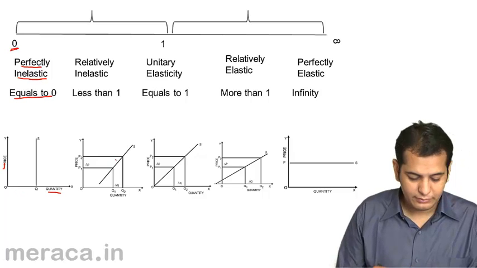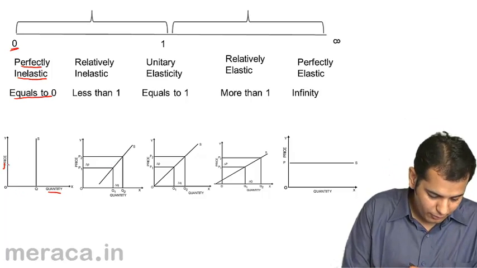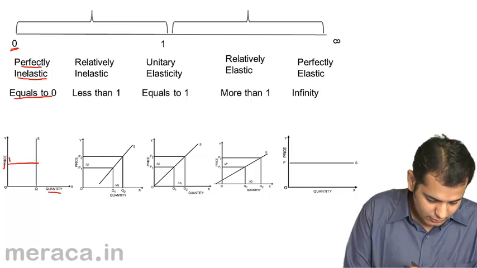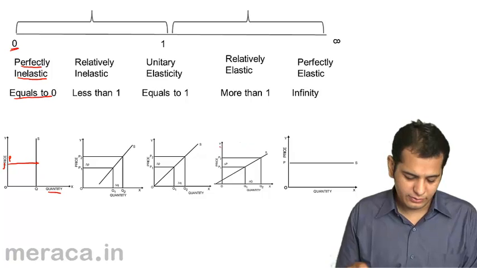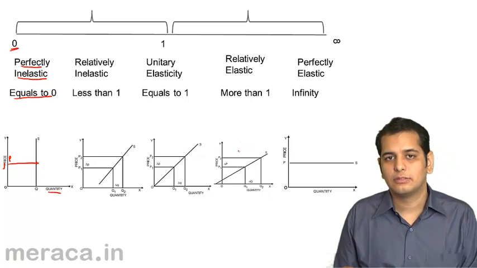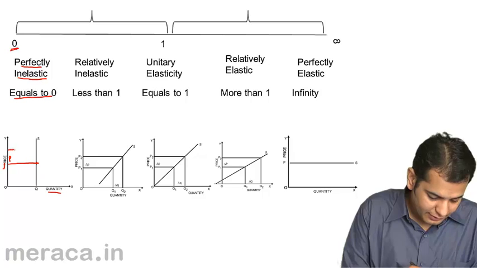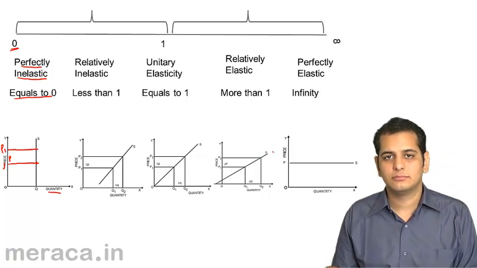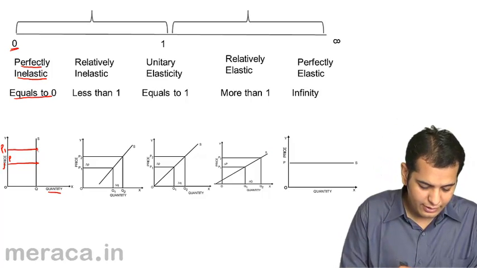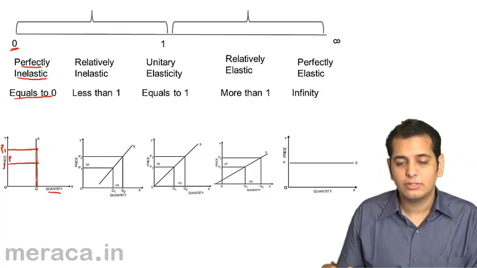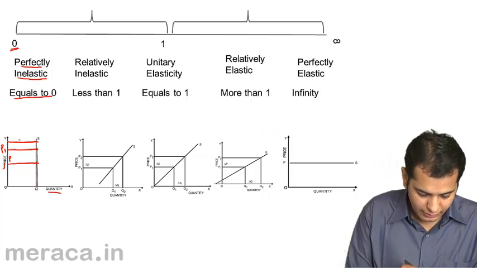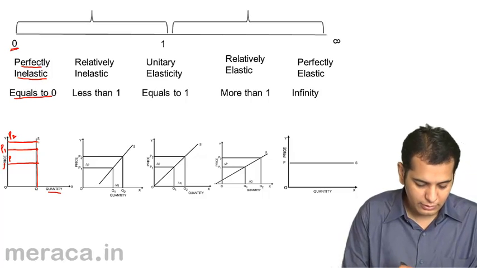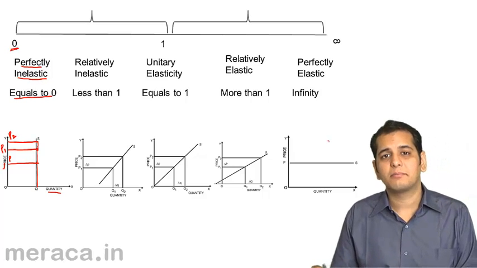Let's say the price is P and the quantity supplied at this price is Q. Now I am increasing the price to P1. Yet I see that there is no change in the quantity supplied. I even take it to P2. Yet the quantity supplied does not change.